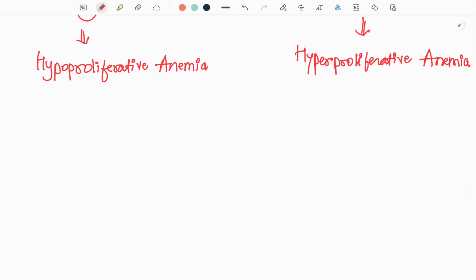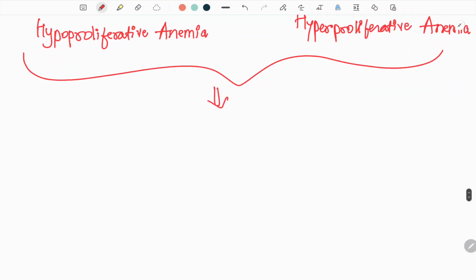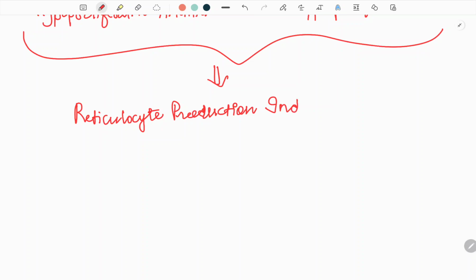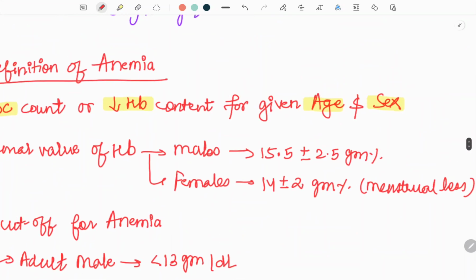Fine. Now this classification can be quantitatively decided on the basis of reticulocyte production index also. How? See, there is something known as reticulocyte production index. In short, we call it RPI. The formula for RPI is hemoglobin of the patient divided by the desired hemoglobin that we have discussed over here.